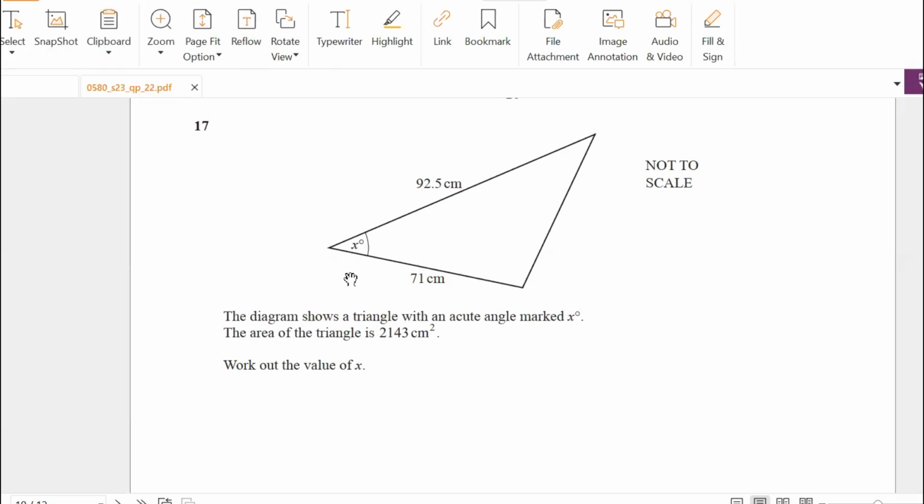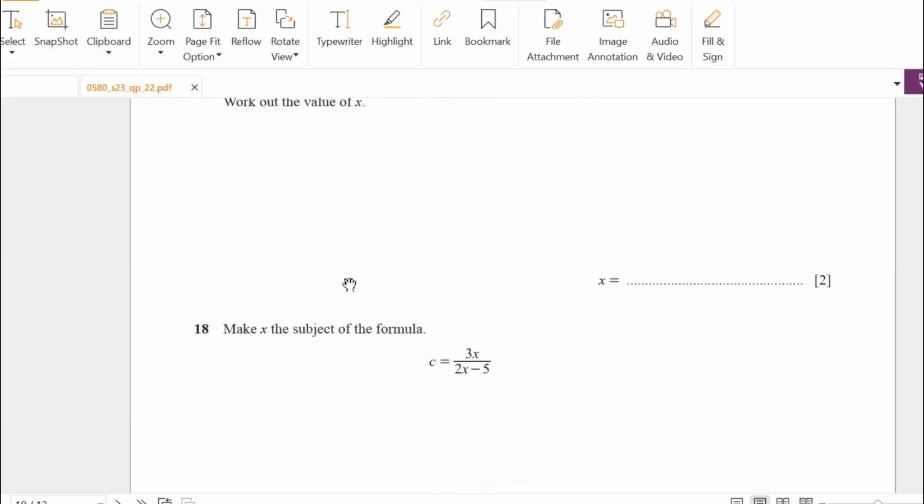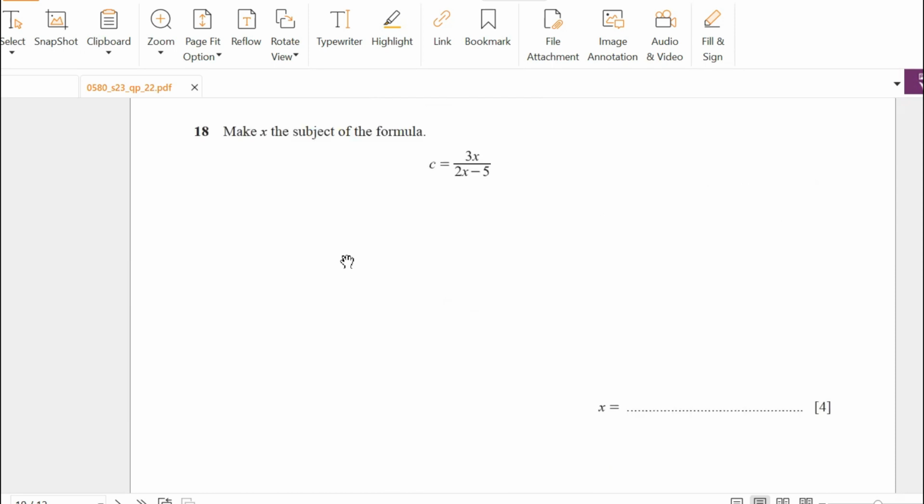We move on to the next question. Next, question number 18, make x the subject of the formula. So this is easy from algebra. We will try to find x. First we will think about cross multiply. 2x minus 5 is equal to 3x, so 2cx minus 5c is equal to 3x.